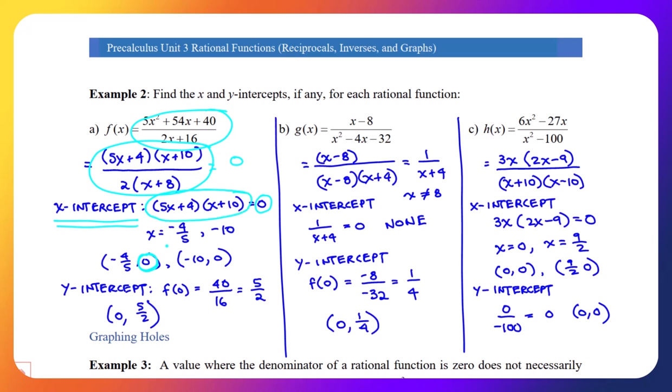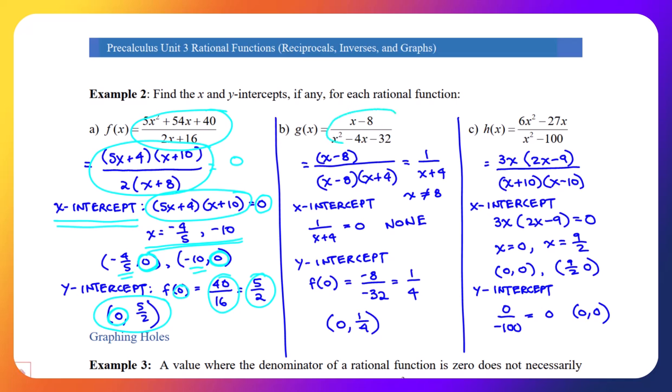And I get negative 4/5 and negative 10. When y is 0, I get the x-intercepts. The y-intercept is easier because x is 0, I plug in 0 for x, and I just do the arithmetic. 40 over 16 reduces to 5 over 2. X is 0 for the y-intercept.